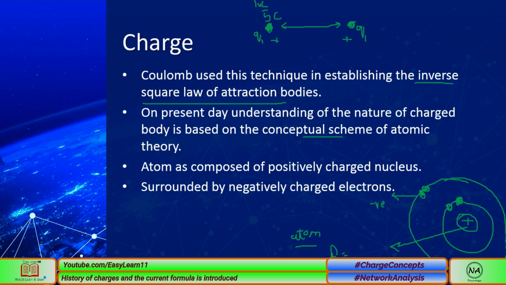P stands for positive, so P is positive charge, protons. If there are 10 electrons, one electron is one negative charge, so 10 electrons are 10 negative charges, just for the assumption. Then there are 10 positive charges, 10 protons, because this is a balanced state.